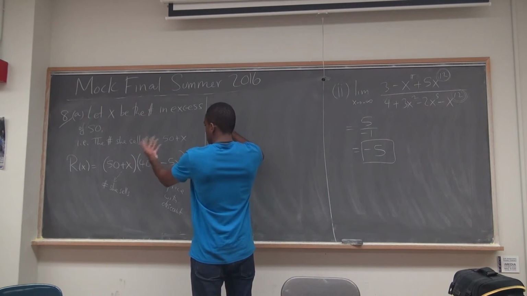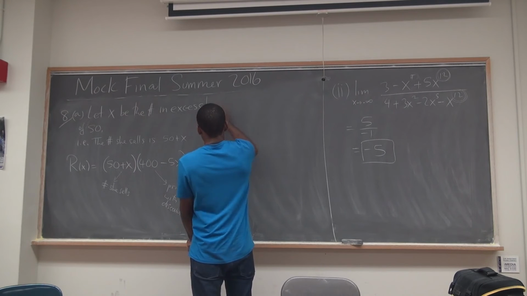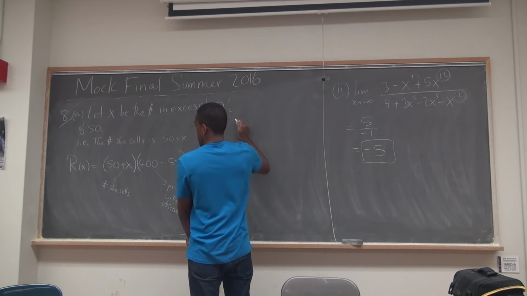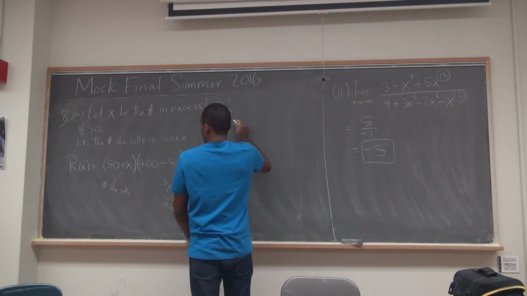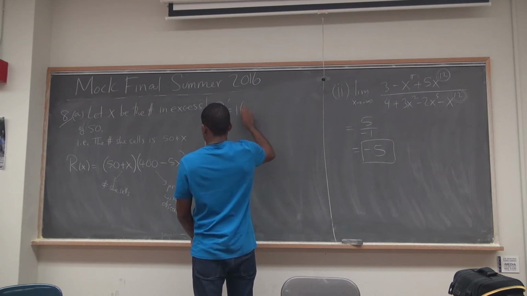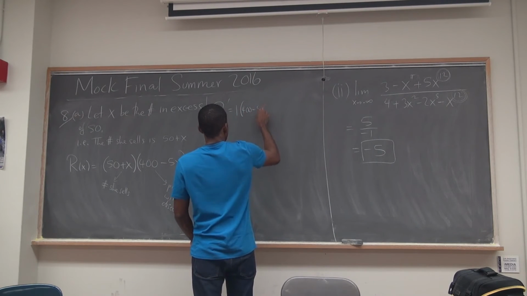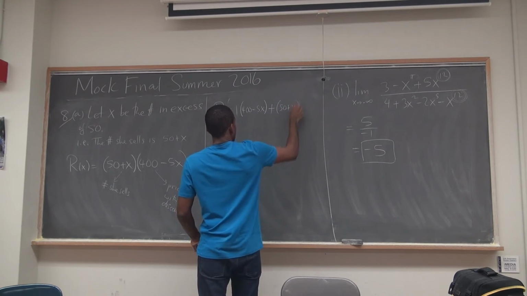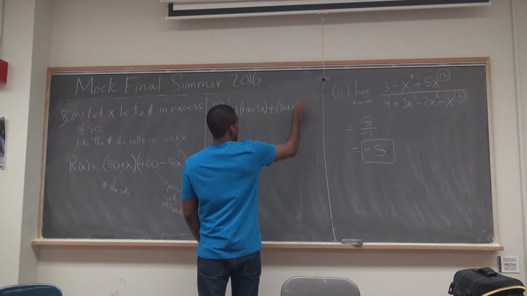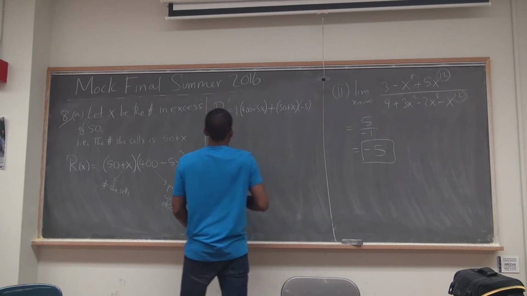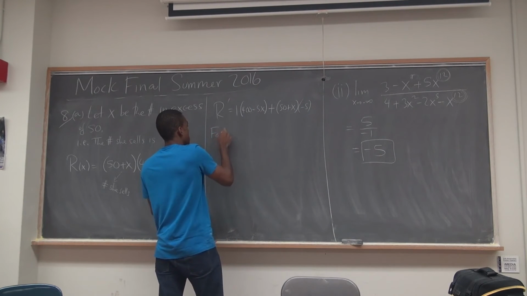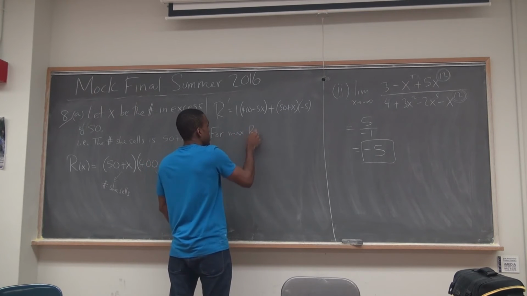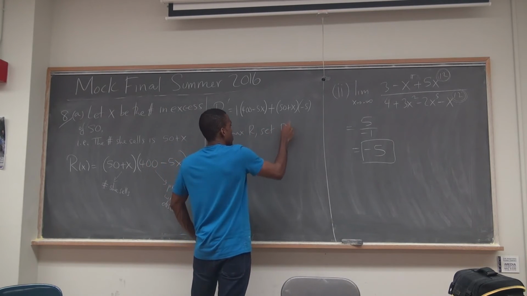So you could multiply out. You could also use the product rule. Derivative of this is 1 times that, plus, leave this and differentiate this, which is a minus 5. And of course, for max, we set r prime equals 0.